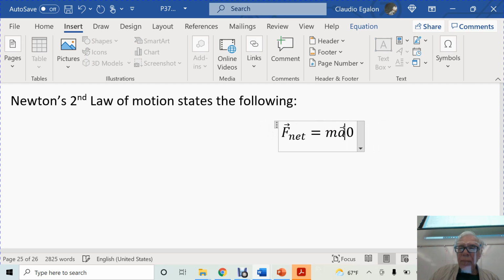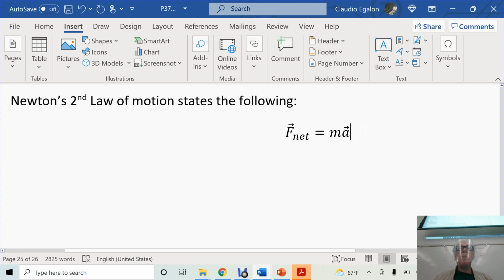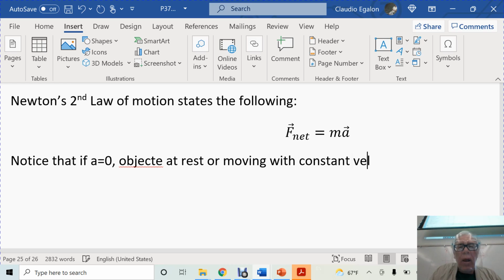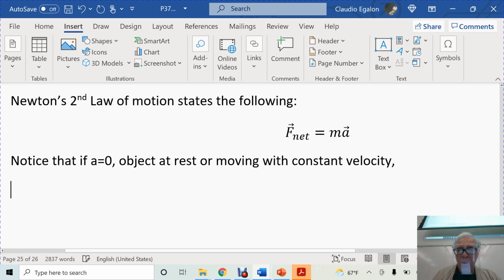Okay? That's what you have to memorize. Note that if a equals 0, if the acceleration is equal to 0, i.e. object at rest or moving with constant velocity, the net force is equal to 0.